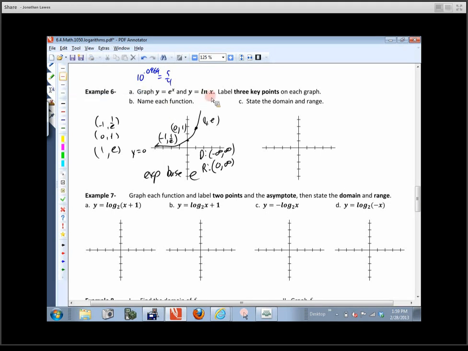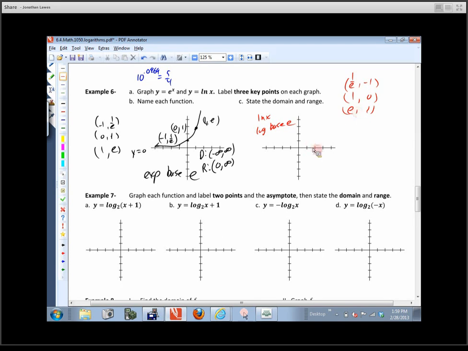Okay, and then we're going to do this one. This is ln x, or it's log base e. We could call it the natural log also. And it's going to go through these points. Same ones, just negative 1, 0, and 1 for the y's. 1 for an x-intercept. 1 over the base, same as the base.